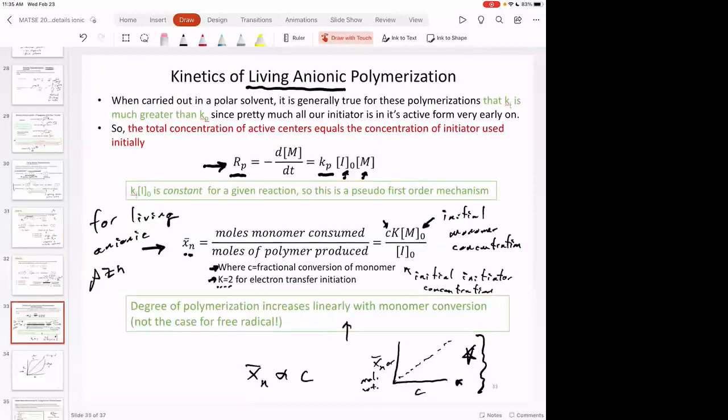We describe the rate of polymerization of a living polymerization using this equation and the degree of polymerization using this equation, where we have now the molecular weight as a function of conversion, and that's where we get this linear plot.